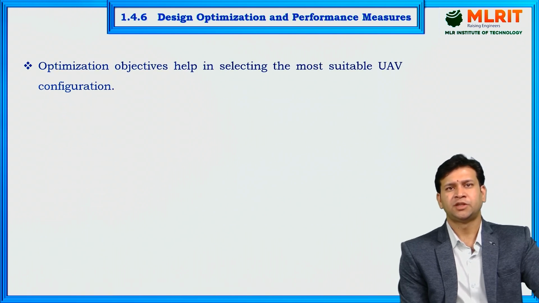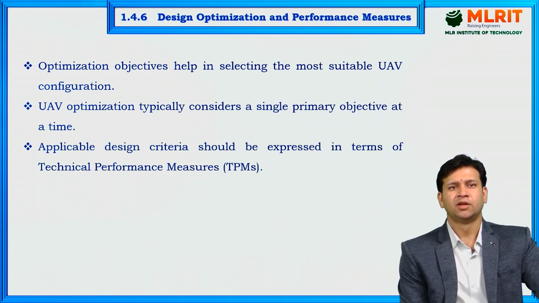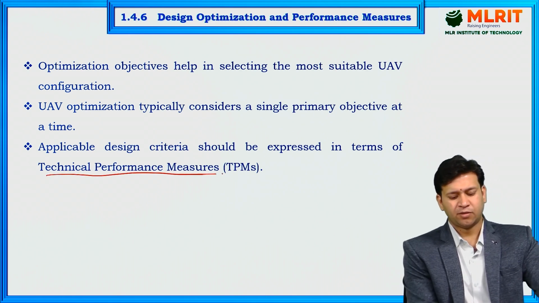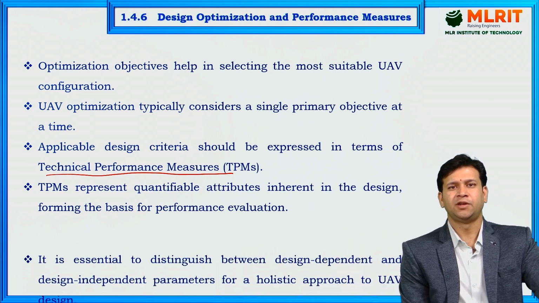Optimization objectives help in selecting the most suitable UAV configuration. UAV optimization typically considers a single primary objective at a time. Applicable design criteria should be expressed in terms of technical performance measures. TPMs represent quantifiable attributes inherent in the design, forming the basis for performance evaluation.